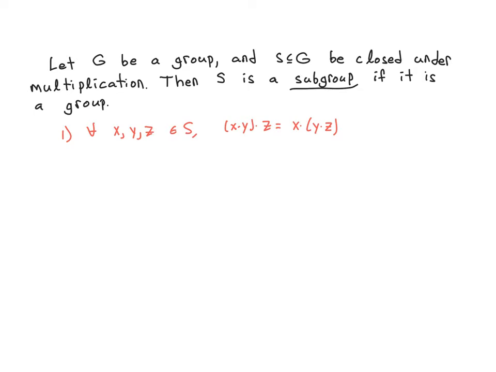Note here, the distinction is that all the elements are elements of S. Because S is closed under multiplication, x times y is in S, so each of the elements on both sides of this equal sign are in fact elements of S. We also need an identity, which means we need an element, let's call it e, that's an element of S, with the feature that for all other elements of S, multiplying by the identity on the left or the right gives you this element g back. So g times e is equal to g.